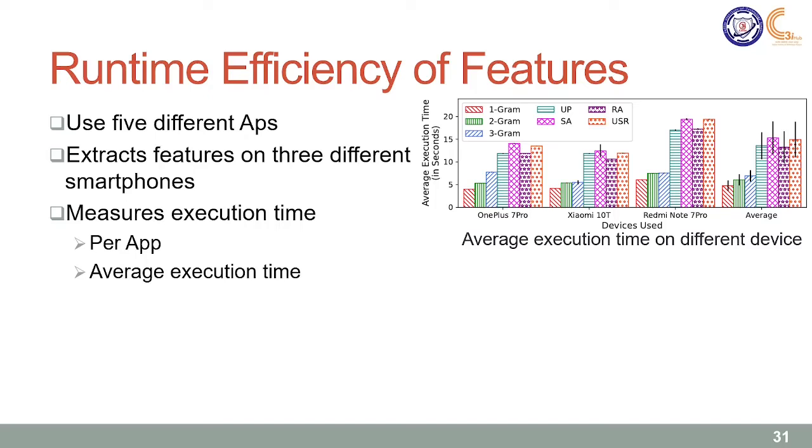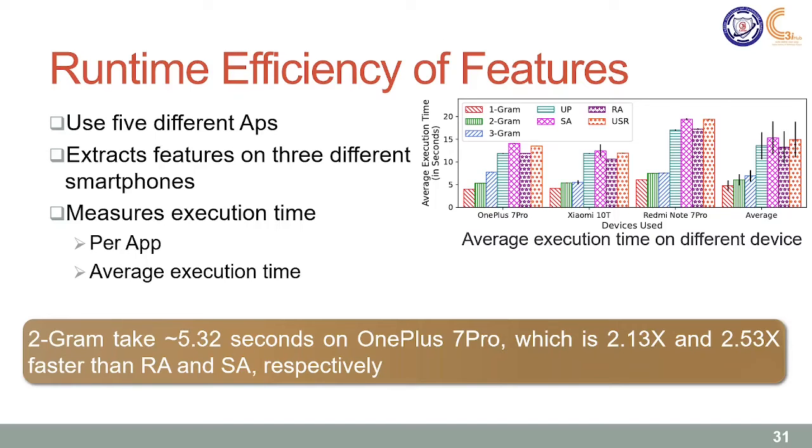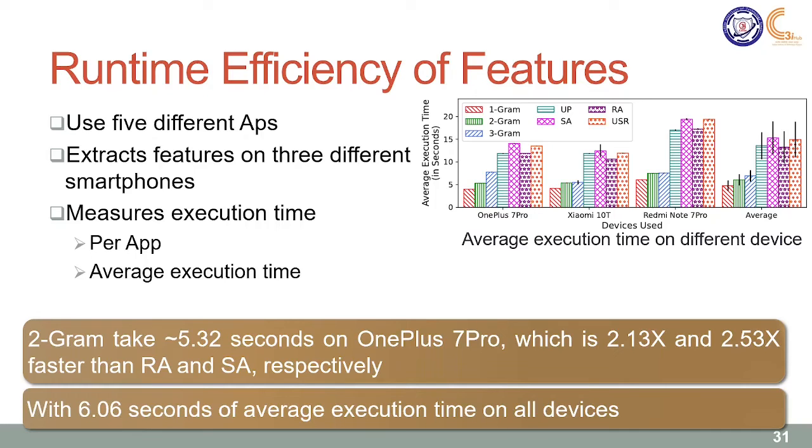We observe that 2-gram takes approximately 5.32 seconds on the OnePlus 7 Pro, which is 2.13x and 2.53x faster than restricted APIs and sensitive APIs respectively, with 6.06 seconds of overall average execution time on all devices.